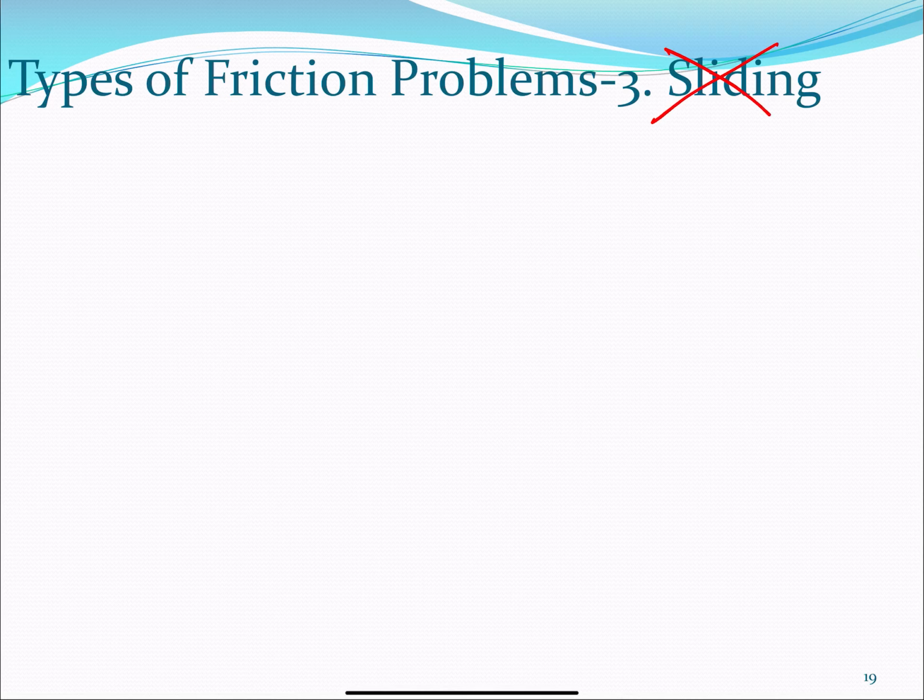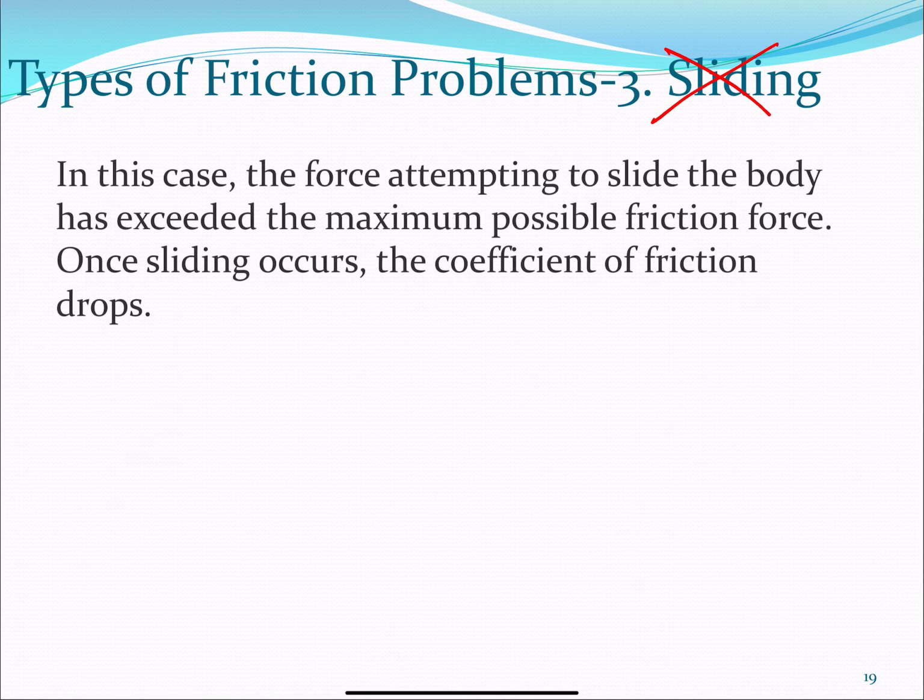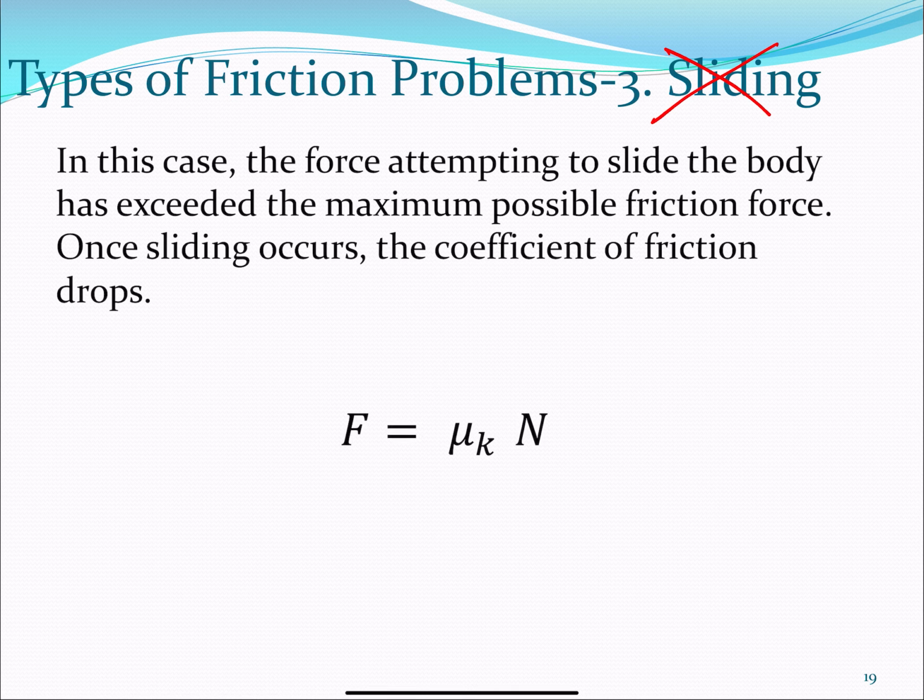It happens, but we won't examine it in ENG 130. This means that we are pushing with the friction force equal to the kinetic friction coefficient times the normal force. So we said that we won't investigate things that involve movement. For this case, you will have to wait until you have a future course to investigate what happens, right?